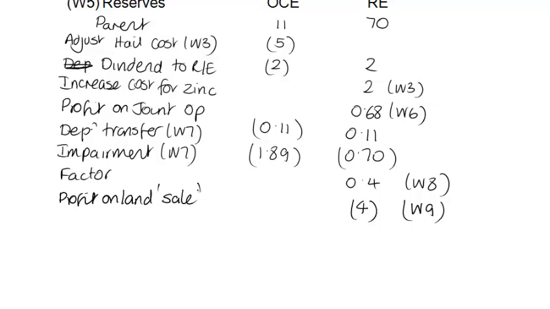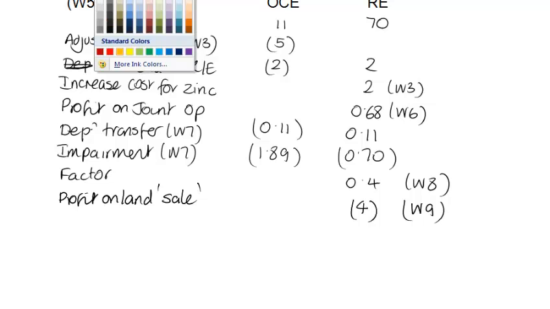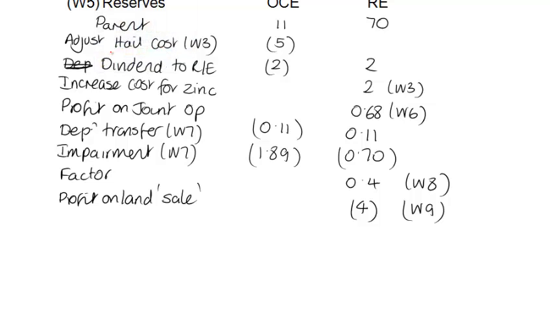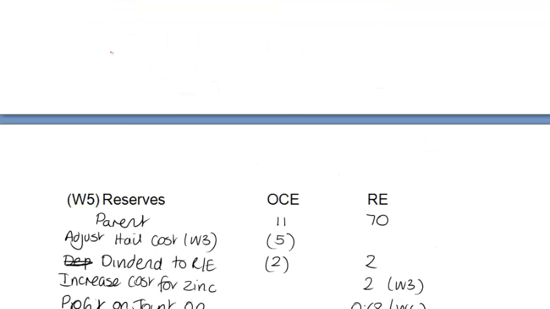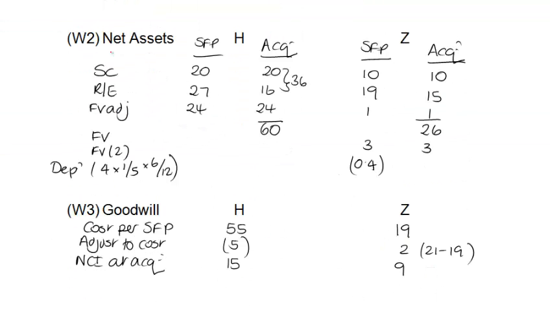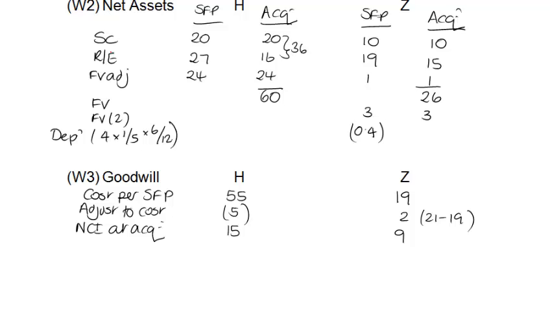We've now dealt with all of the information in the question, so the next step is to consolidate. So now we're going to use our consolidation basics. If we go to the net assets working, the net assets at the SFP date of Hale are 71.